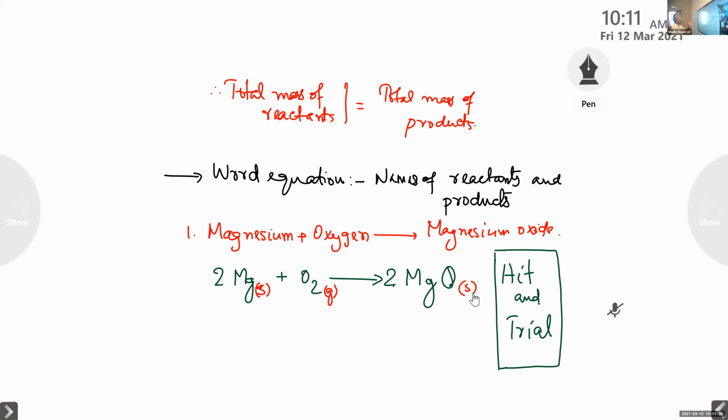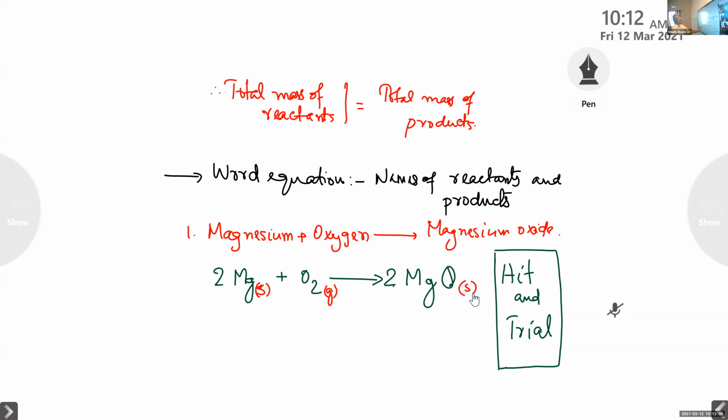The states are also mentioned. In the equation, we are mentioning the states, gas, liquid, or solid of the reactants and products. Then it is called the state equation. You are supposed to write the state equation if and only if it is asked. Otherwise, you need not write the states.